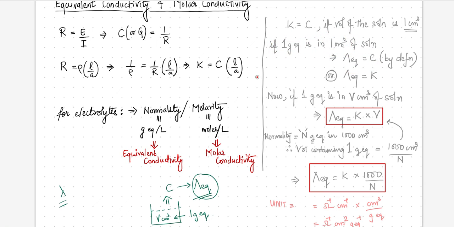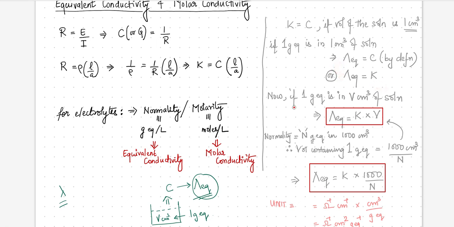And I just told you, if the dimensions of the cell are 1 centimeter cube, then the conductance is equal to conductivity. So you can rewrite this expression as lambda EQ equal to specific conductivity, or simply conductivity.